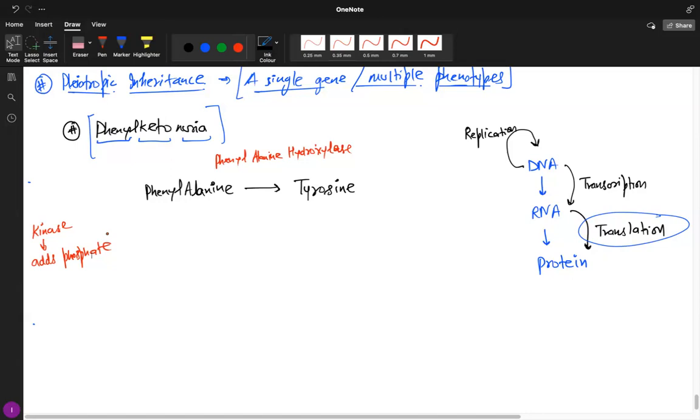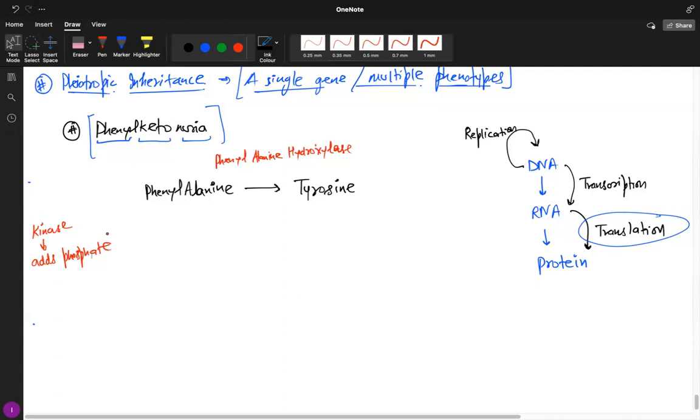It has 6 carbons. There are also pentose sugars. Can you tell me any sugar which is a pentose sugar, which has only 5 carbons? Ribose is a pentose sugar, which is present in DNA and RNA.